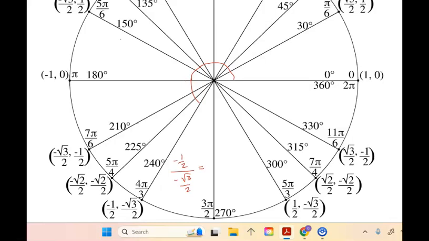If the denominators match like they do here, you see each fraction has a denominator of 2, then you can just cancel out the 2's. So really, we just have 1 over the square root of 3 that we have to rationalize. And so we end up with the square root of 3 over 3 as our answer.